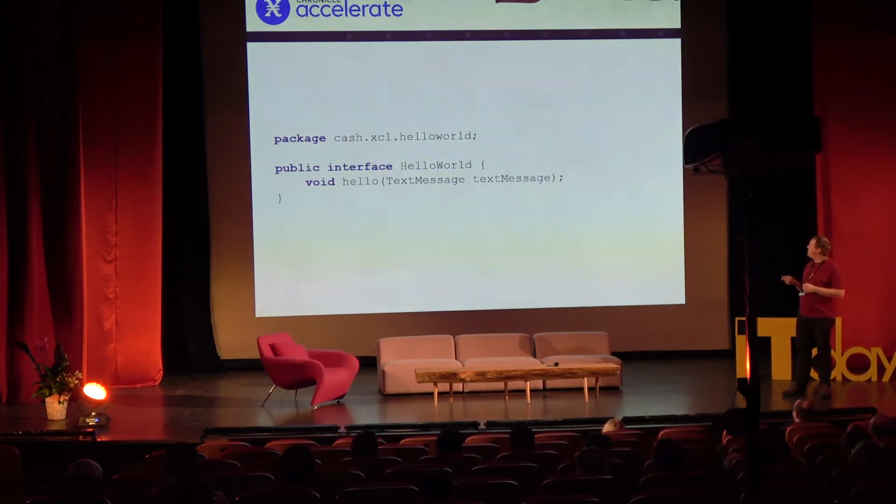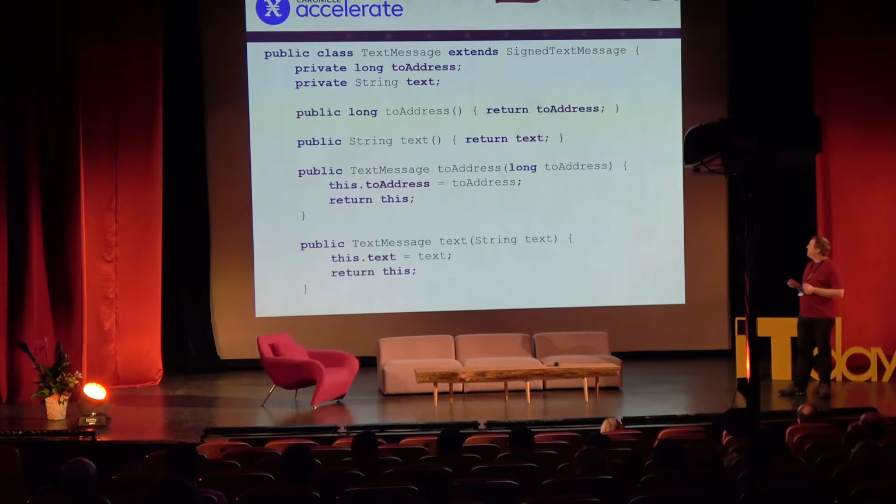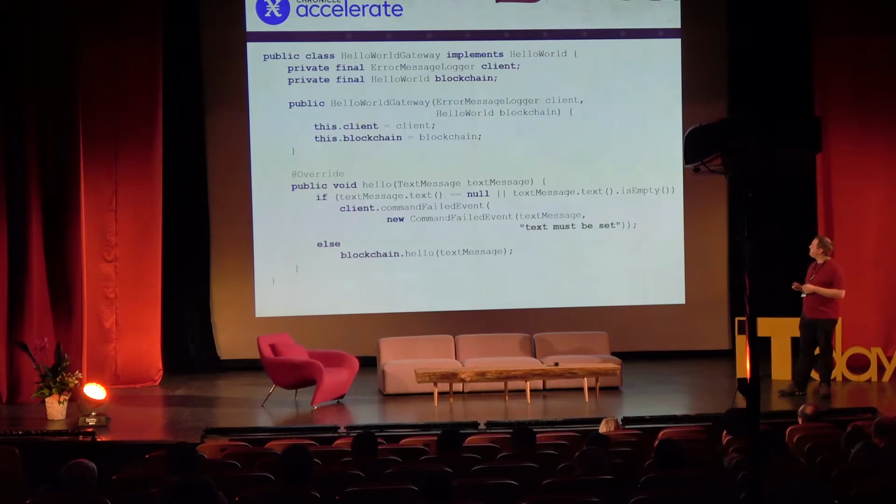Here's a simple example where all you're doing is passing text messages through the system. This is what a simple text message looks like, and all of the serialization, toString, equals and hashCode is handled by the parent class. Then you've got a gateway that implements the method of the interface. That method determines whether it should be passed on to the blockchain or rejected, in this case.